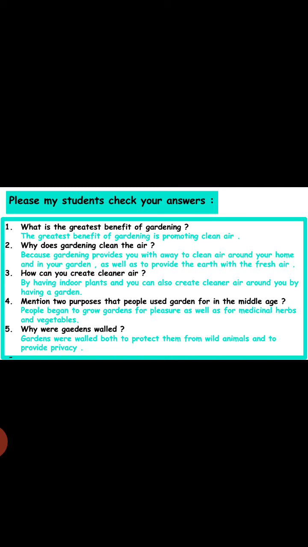Number two, why does gardening clean the air? Why does gardening clean our environment? Because gardening provides you with a way to clean air around your house and in your garden, as well as to provide the earth with fresh air.